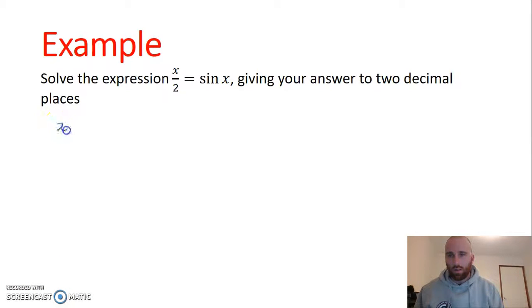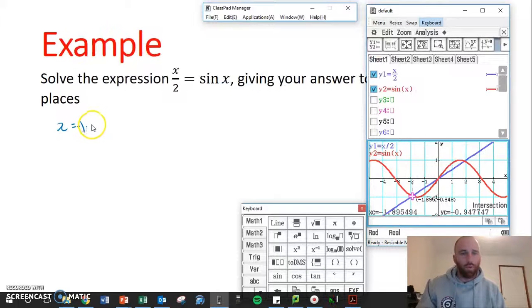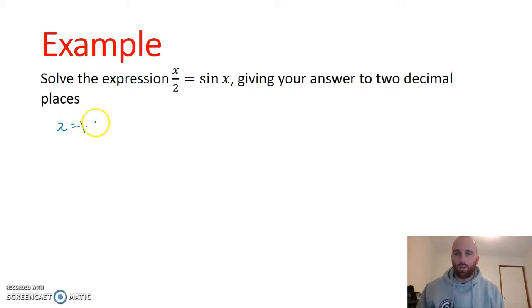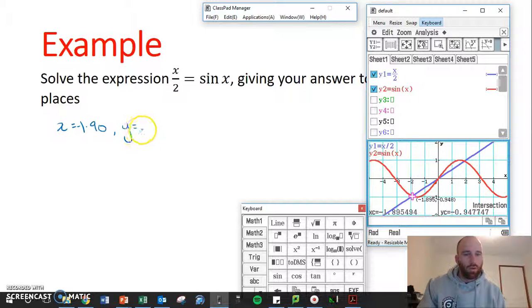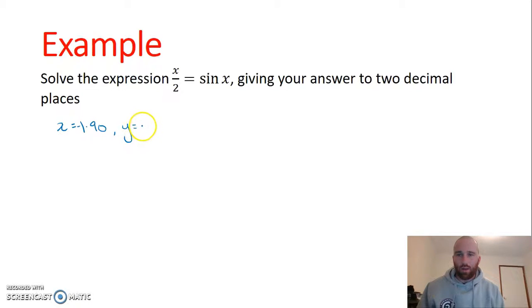So x equals negative 1.90, to 2 decimal points. When x equals negative 1.90, y will be equal to negative 0.95.